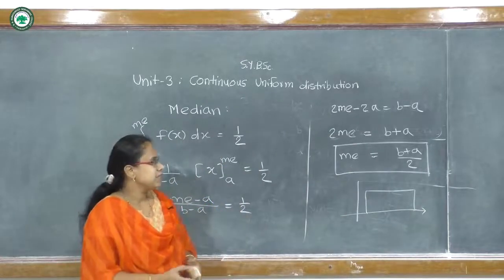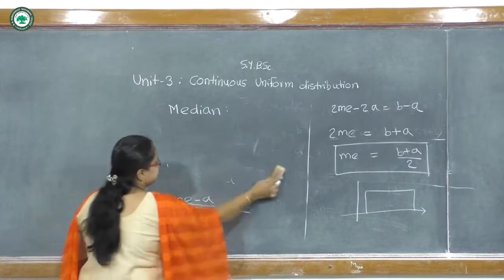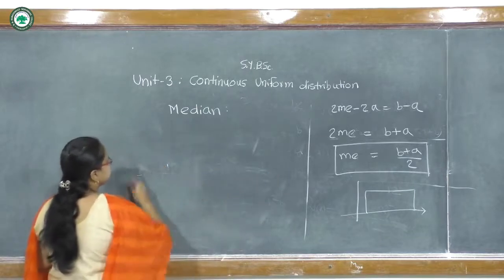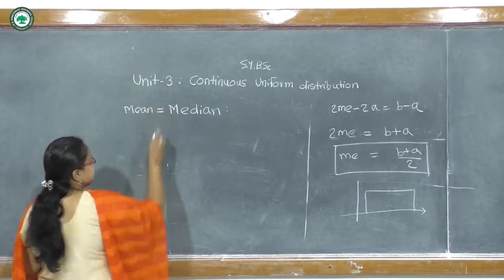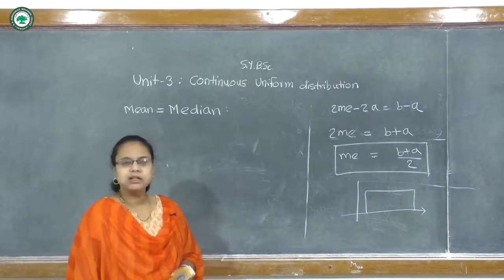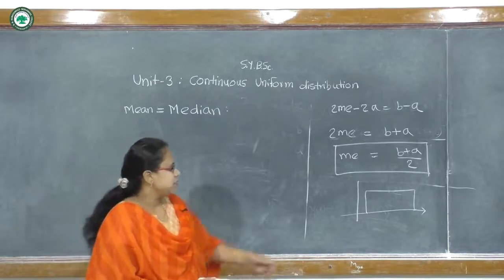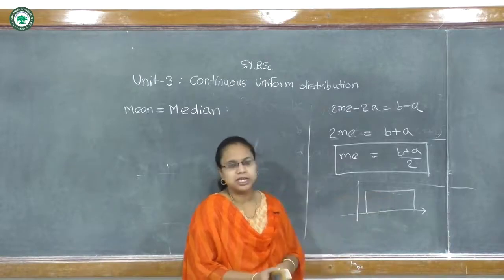So mean and median for the uniform distribution are equal, and we cannot find its mode because it is flat in nature.